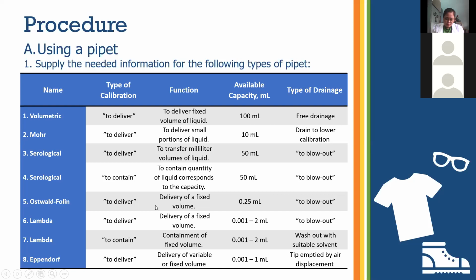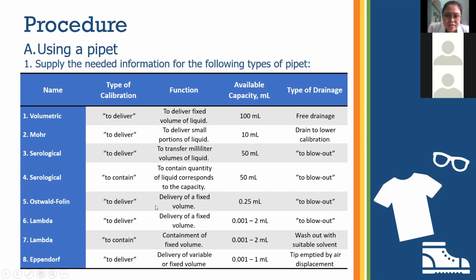The serological pipette is to deliver. Its function is to transfer milliliter volumes of liquid with the capacity of 50 ml, and its type of drainage is to blow. The serological pipette can also be to contain.